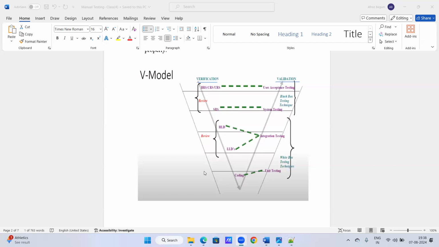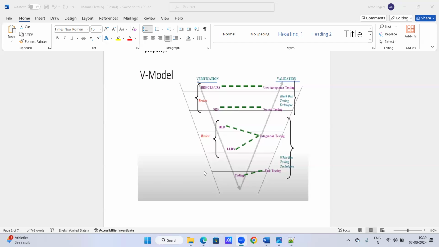So if you test that particular module, it is called unit testing. Whatever single module the developers develop is tested, which is called unit testing. Simply we can say unit testing means a single module or single component of a software is tested.